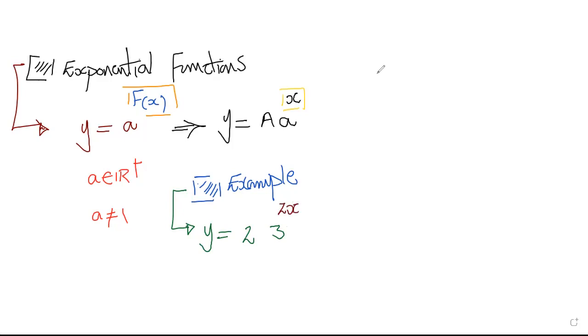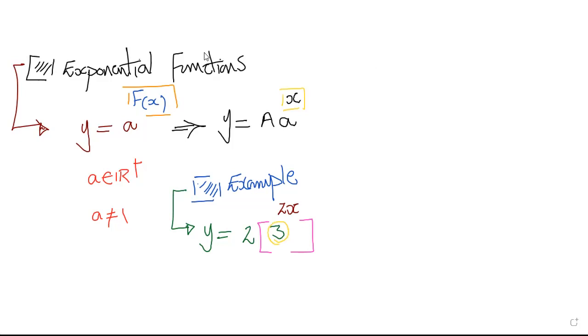The thing that we are interested in doing is to plot this function. But first of all, based on all the things that we have learned, we notice that this represents an exponential function, and it also satisfies the requirements that the base has to be a positive real number and not equal to 1.